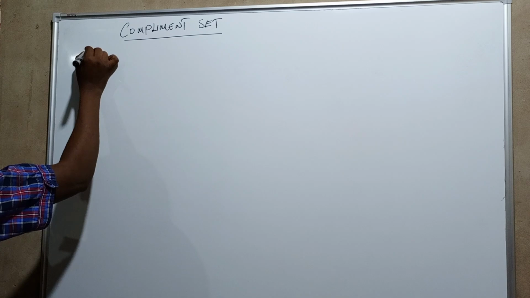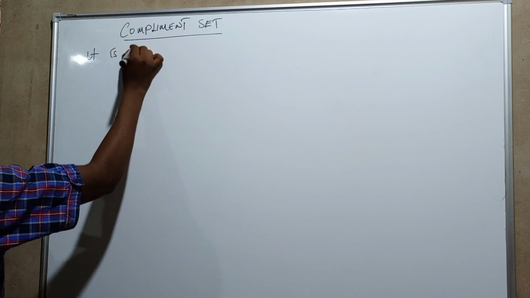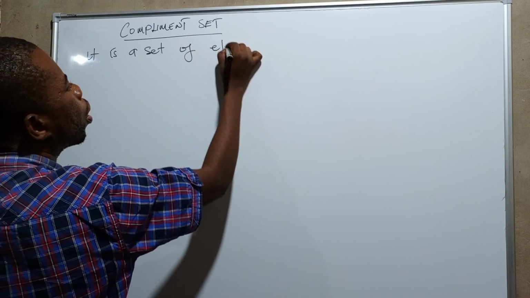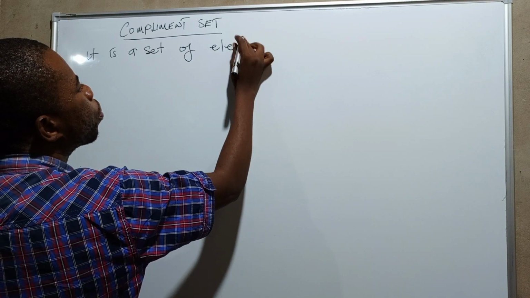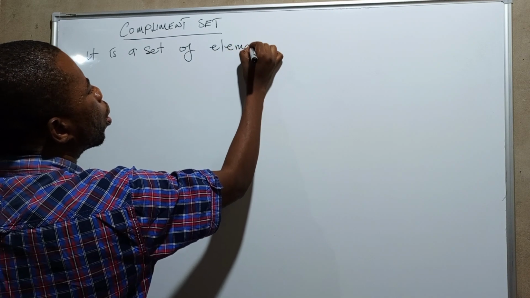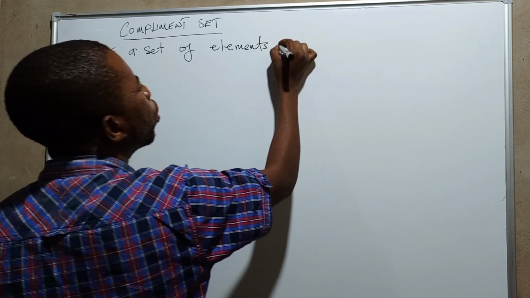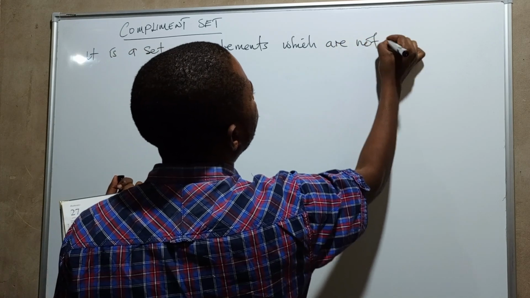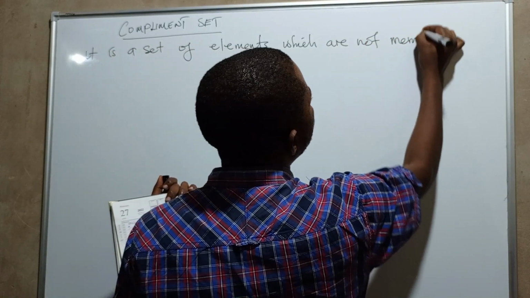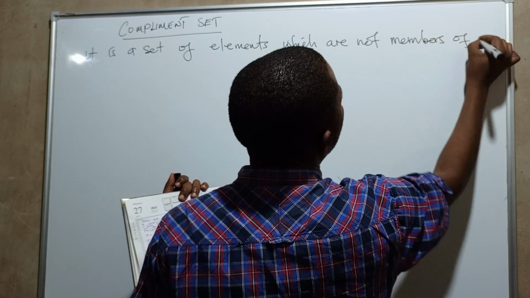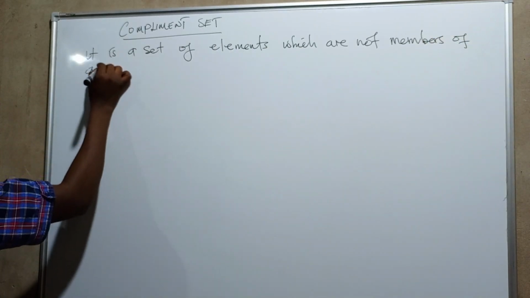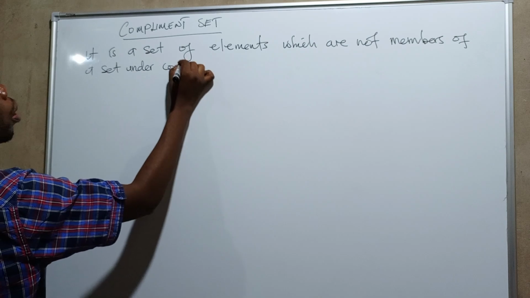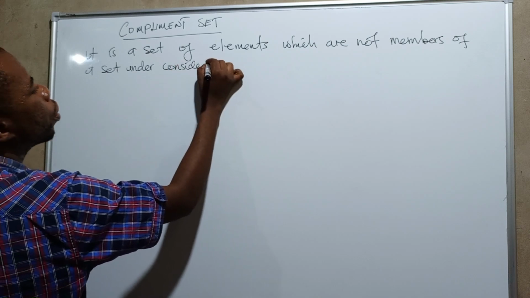So I'm going to say it is a set of elements which are not members of a set under consideration.